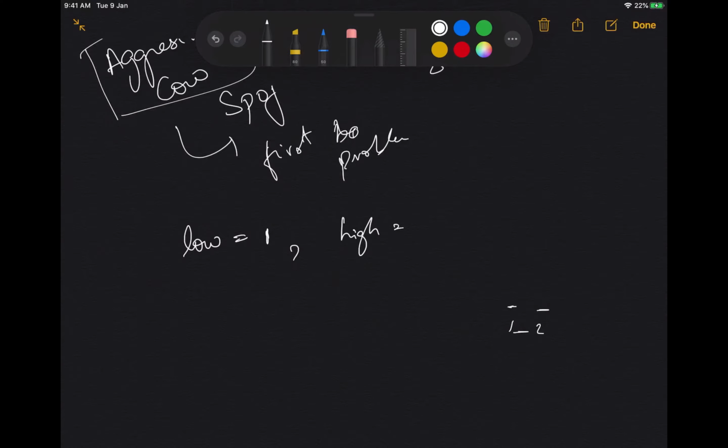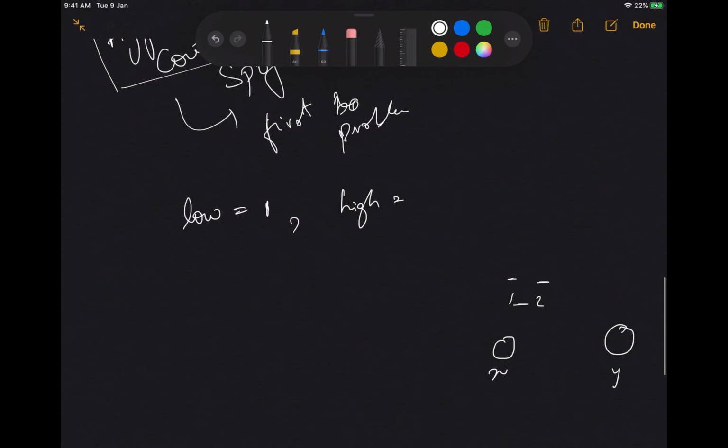If we place the cow x at the very minimum point, and we place the cow y at the maximum point, then the maximum distance will be the difference between the maximum and minimum point. So max point minus min point will be the maximum distance.